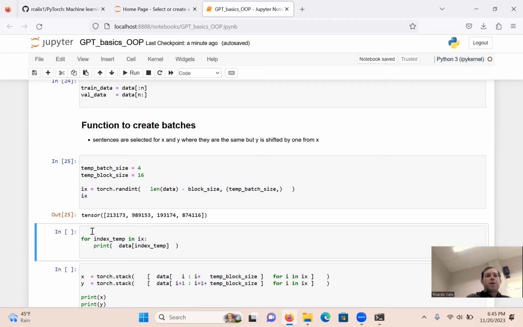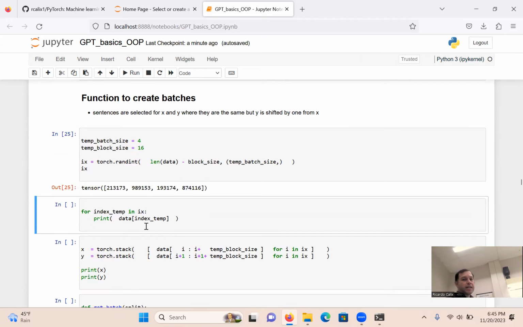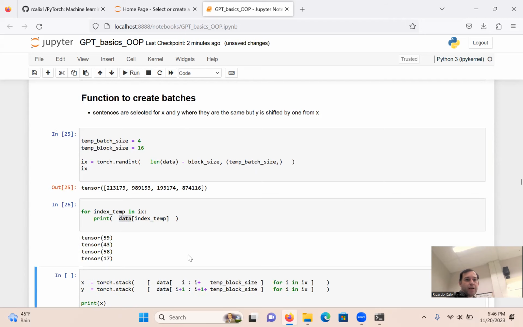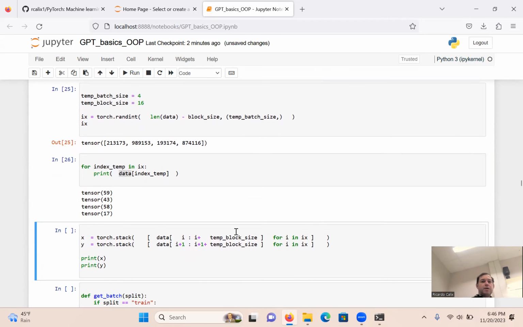Those are just positions in the data that it picked. Starting points, if you will, randomly, 4 of them. Now I'm going to pick from data and print these four starting points. I run it, and there they are: tensors 59, 43, 58, and 17.